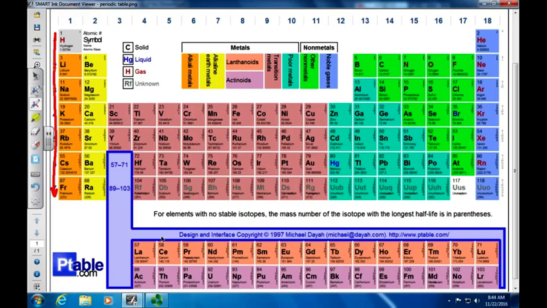Now, from group to group, it becomes a little more complicated because what you used to have as small atomic radii, you now have as large ionic radii.